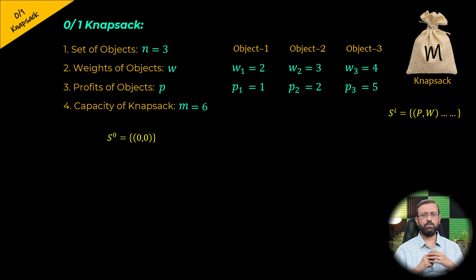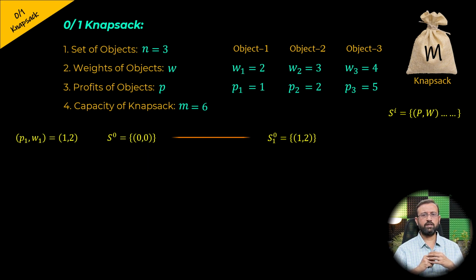Then the first object with profit 1 and weight 2 is included by creating a set S01 and including the pair P1 W1 of the first object, which is 1, 2 in the knapsack. The set S01 contains a pair which is the result of adding the pair P1 W1, which is 1, 2 to the pair 0, 0 of set S0. That is adding profit 1 to profit 0 and adding weight 2 to weight 0.